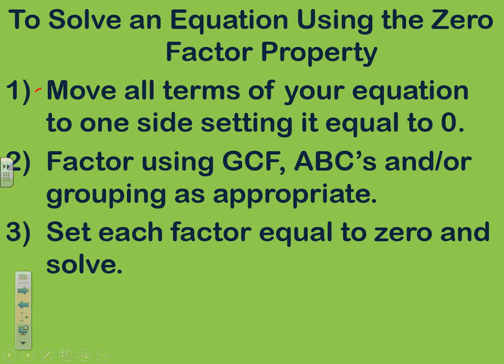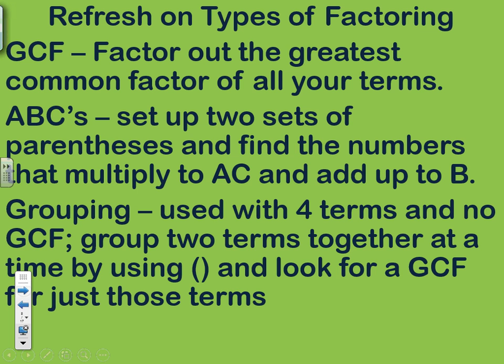That's just where we kind of break it into parentheses like that, where this is x plus a number, this is x plus a number, and it's all equal to 0. Something like that. And this is the third step here, that's what calls it the zero factor property. Because essentially we just take each factor, set it equal to 0, and see what we wind up getting when we solve for x.